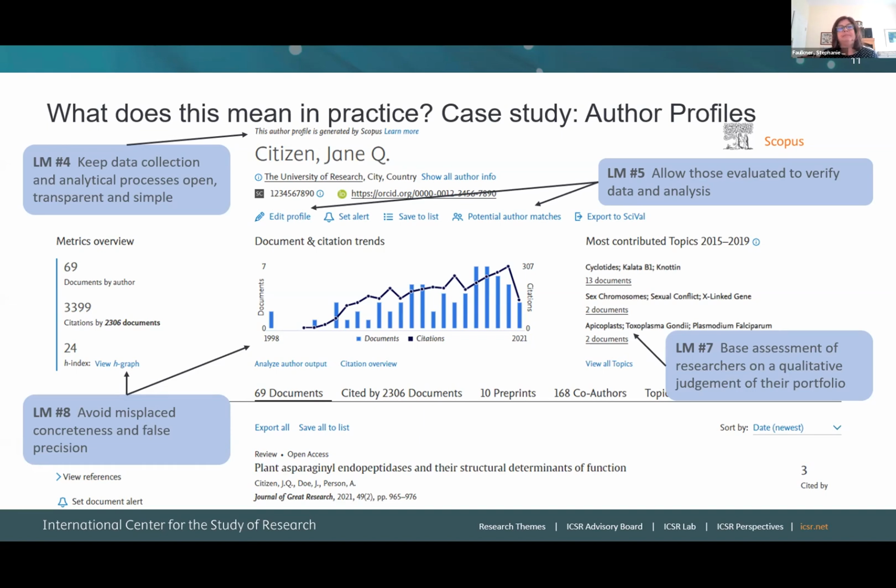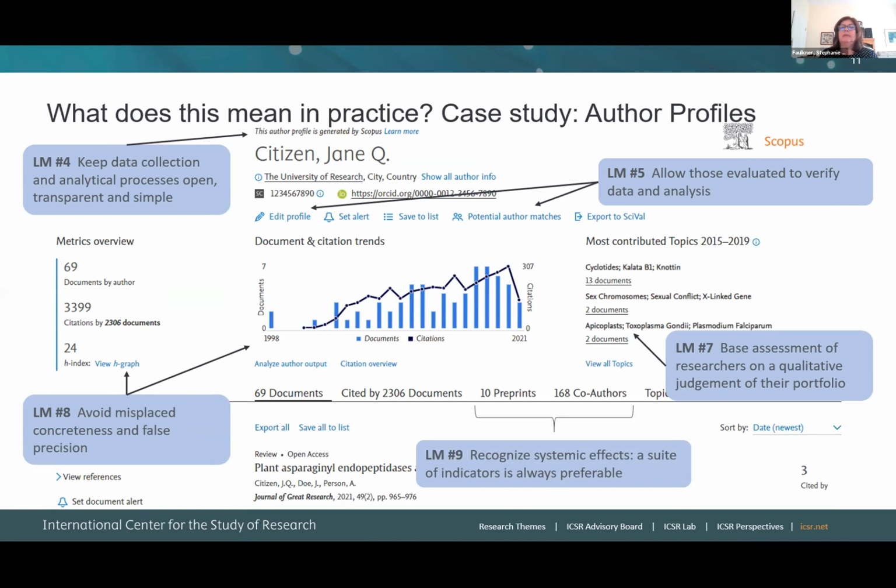So you don't have to just trust those numbers that you see on there, you get to see the underlying data. And lastly, we recognize the systemic effects, as we mentioned also with CiteScore, that a suite of indicators is always preferred. We recognize the rise of preprint servers and their importance in scholarly communication, especially during the pandemic, right? That's really come to the forefront. And there have been pros and cons of that.